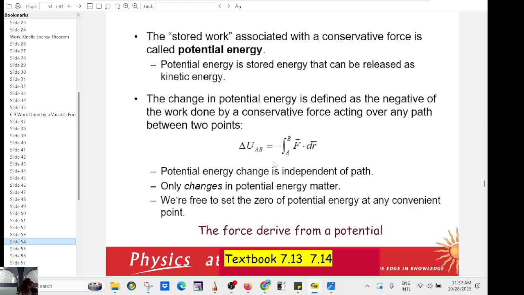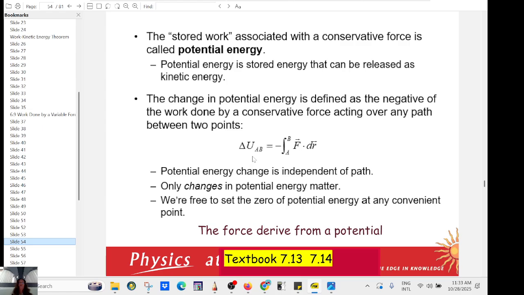If you want to know the change in elastic potential energy, it will be the work that I have to do against the restoring force, and that translates as this equation here. That will be the work done by you on the system. That work is being stored as potential energy.